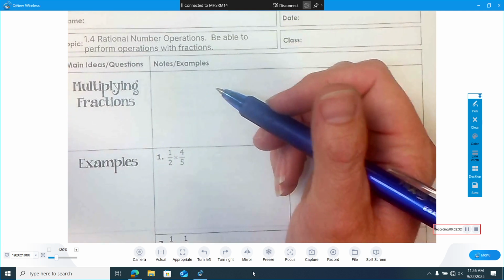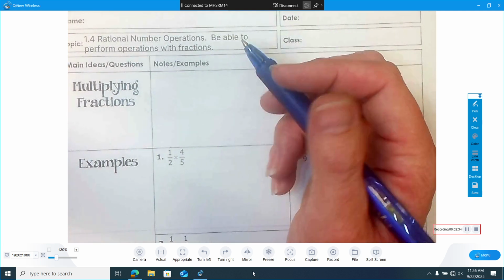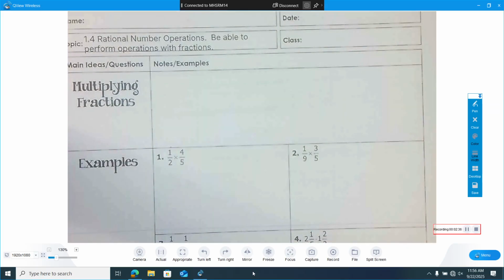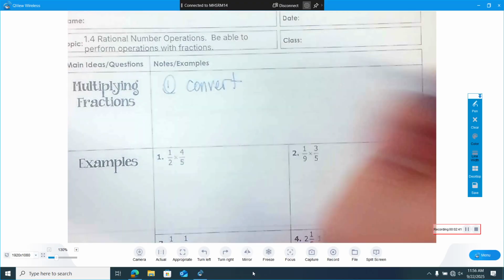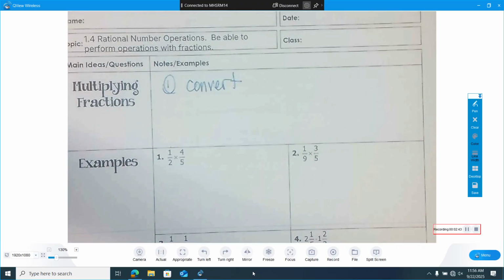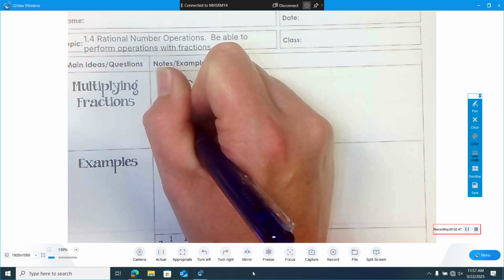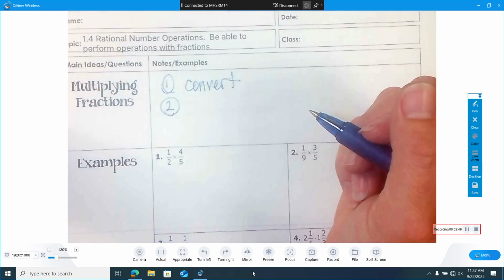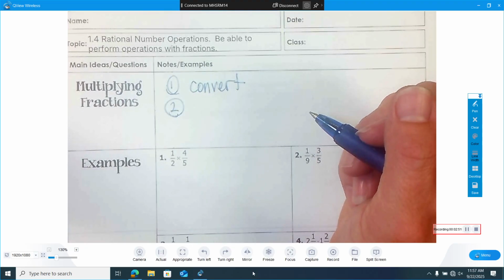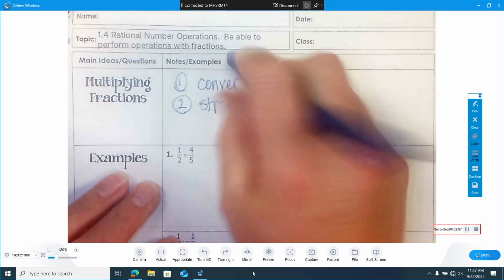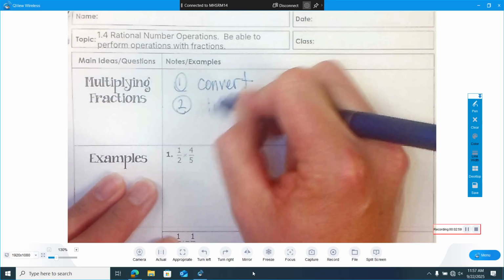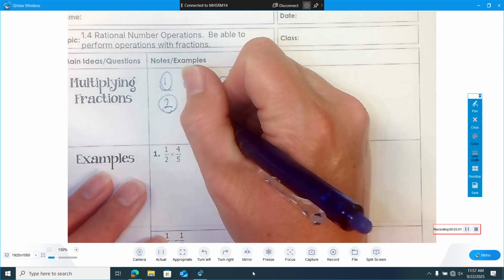We are multiplying fractions, which is super duper easy. First, we may need to convert. So step one, maybe you need to convert into improper form, which turns out to be a pretty easy step. And then how do we multiply fractions? Super easy. Multiplying and dividing is super easy.